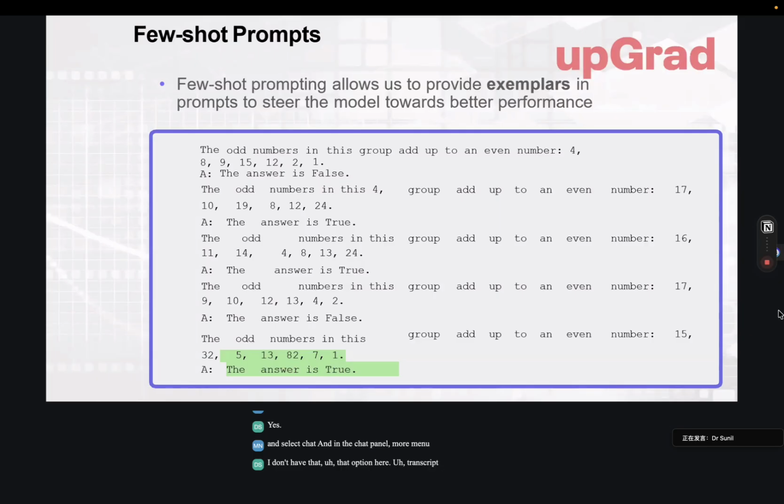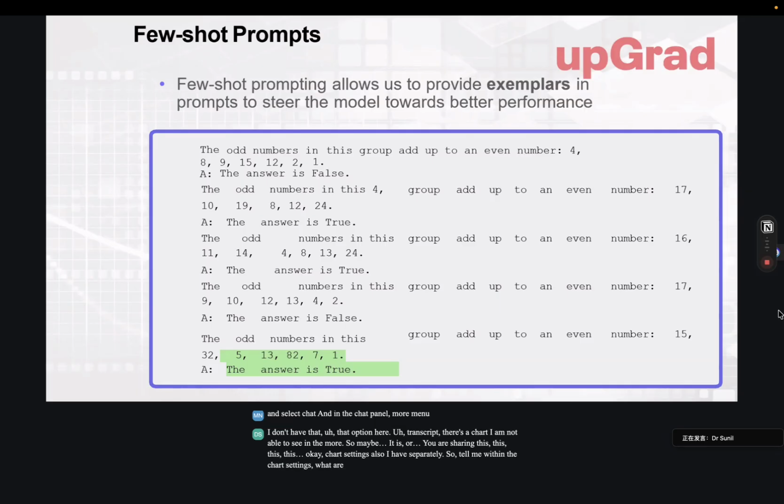I'm not able to see the More in the chat. Maybe you are sharing this. Okay. Chat settings are also separate. So tell me, within the chat settings, what is there? No, I don't have that. Only.